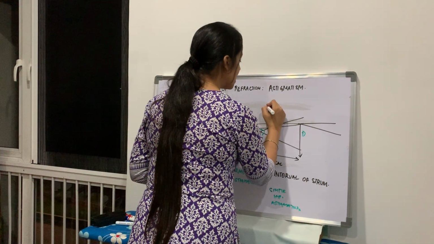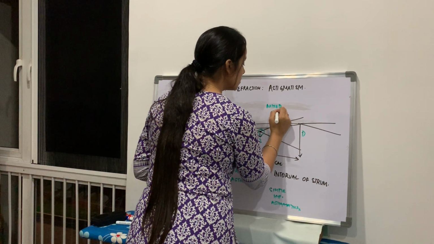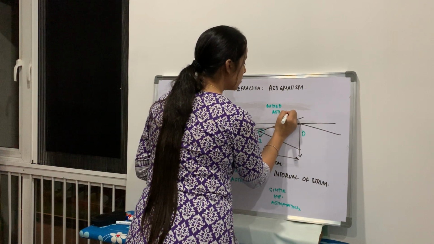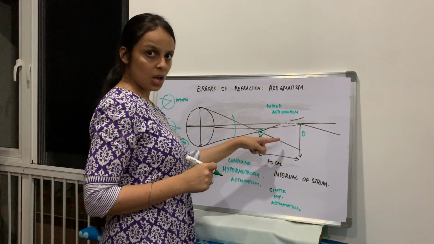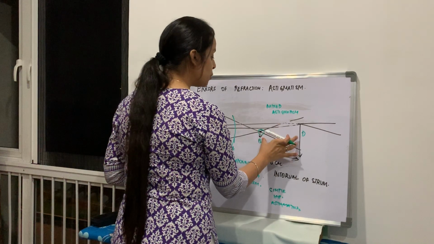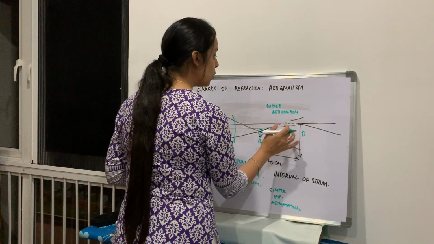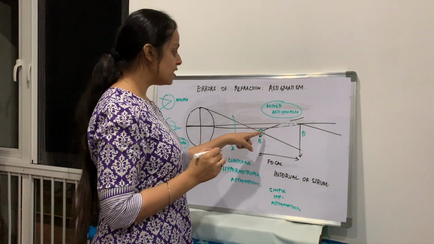So can we call it mixed astigmatism? Because one set of rays is converging while the other set of rays is diverging.